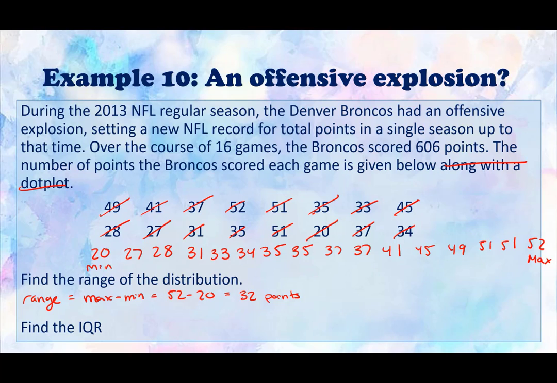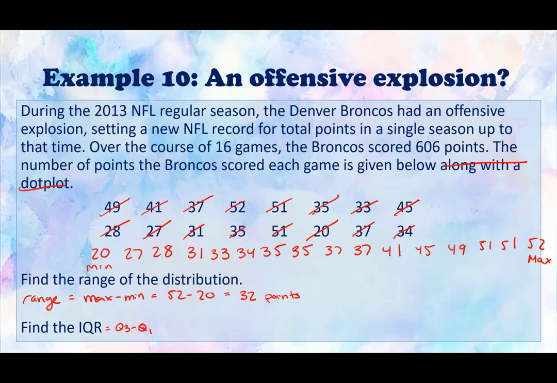The next thing we're going to do is find the IQR. To find the IQR, remember that that is Q3 minus Q1. But first we need to find out what Q1 and Q3 are. And to do that, we actually have to find the median. Because there are 16 games here, 16 digits, we're going to find the middle of that.